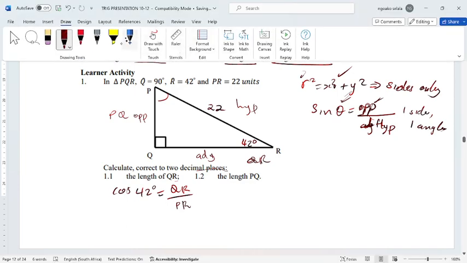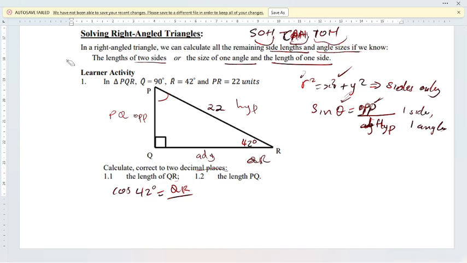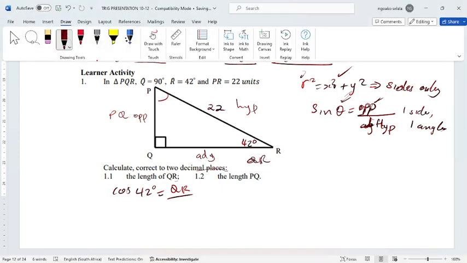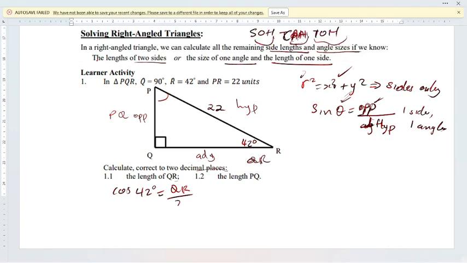To save time, we substitute again. PR is 22. What is left? And different. You must know what is different.